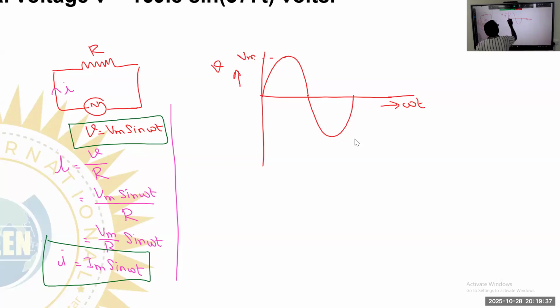That's why voltage is 0. At the same time, sin 0 is 0, 0 into Im is 0, so the current is also 0. At 90 degrees, voltage is maximum and current is maximum. That's why the waveform is just like this.